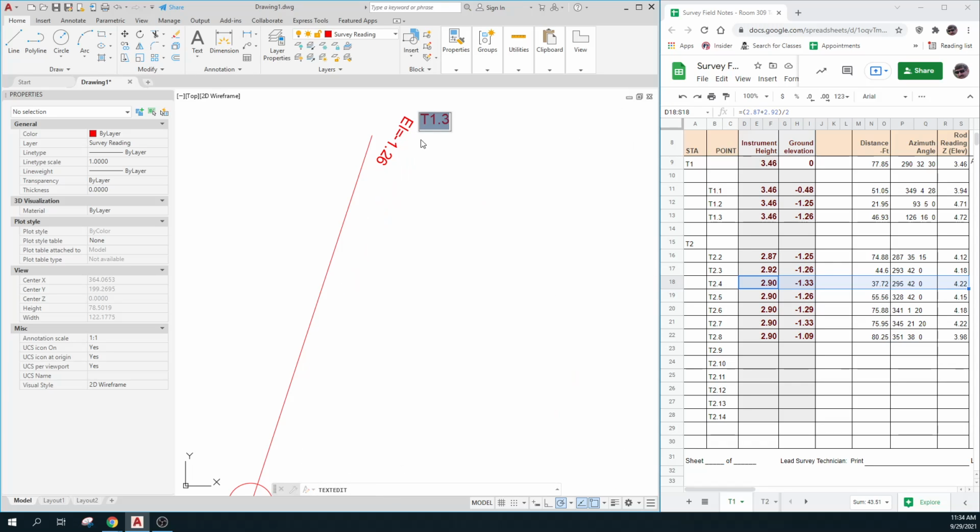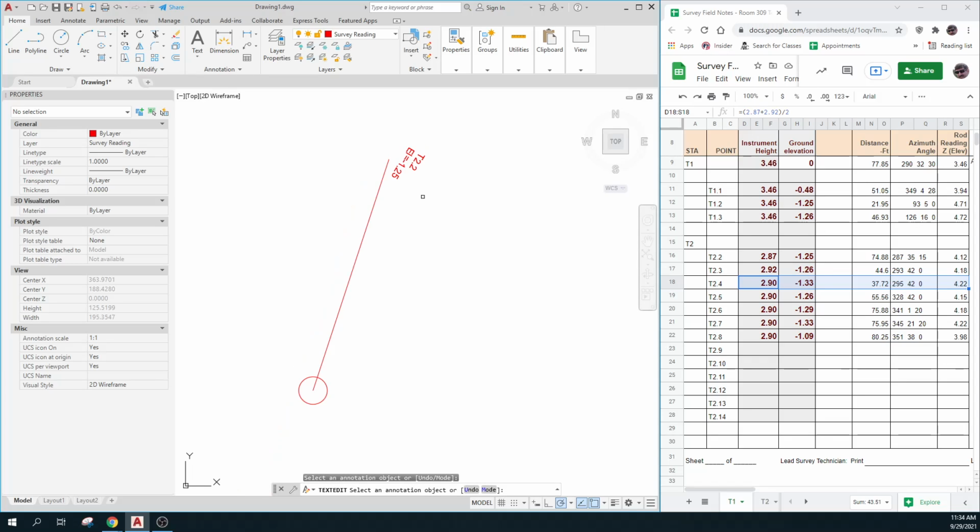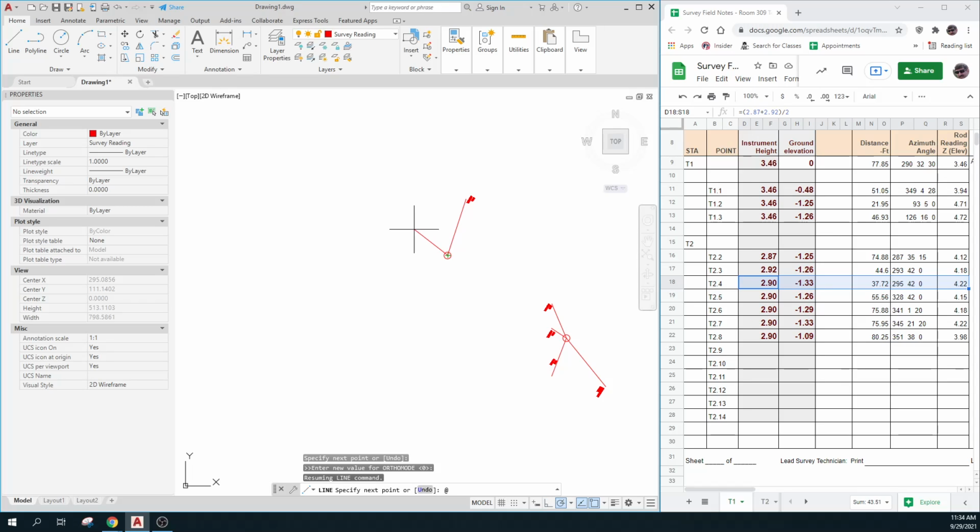And that's T2.2, and it's at a minus 1.25. Now let me get my 2.3 from where I'm at, 44.6 at an angle, 293D, 42 minutes, 0 seconds.